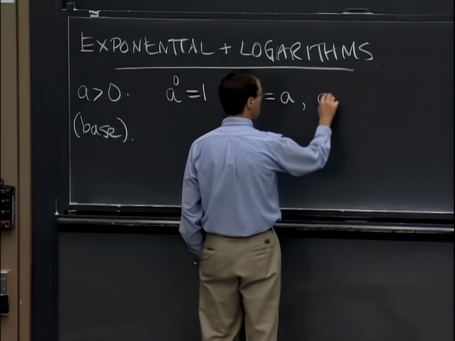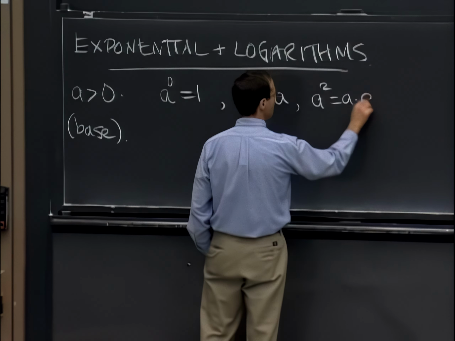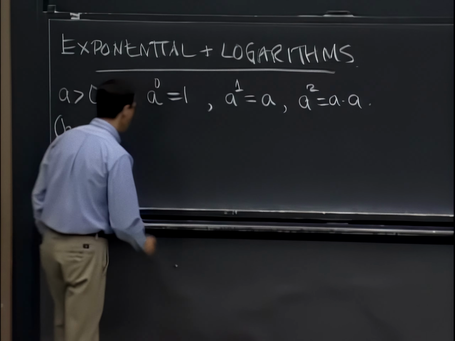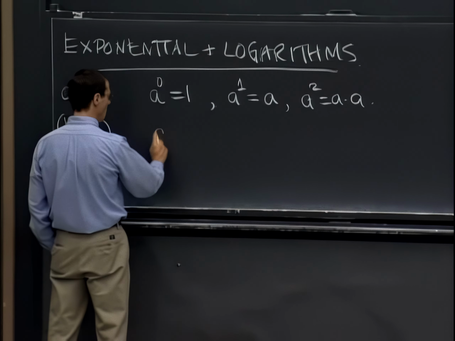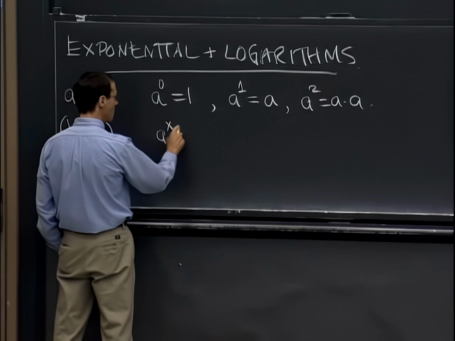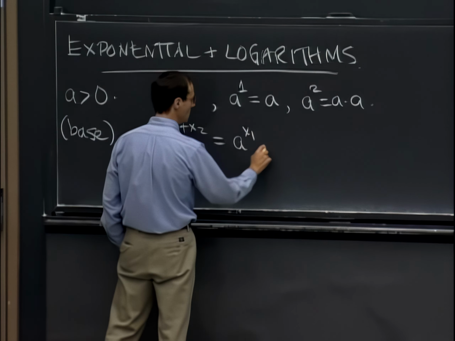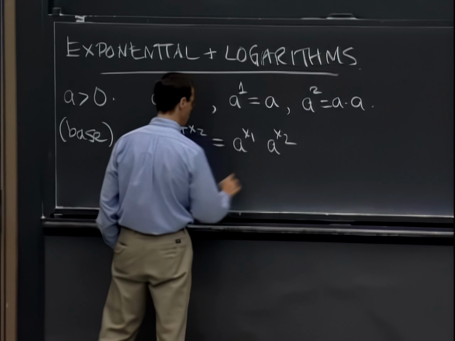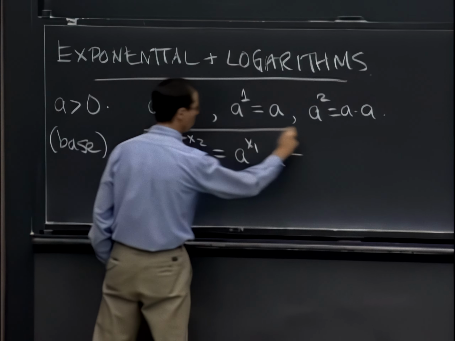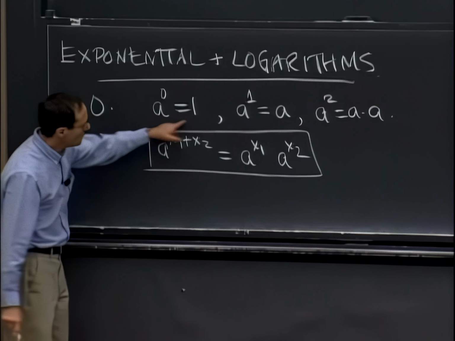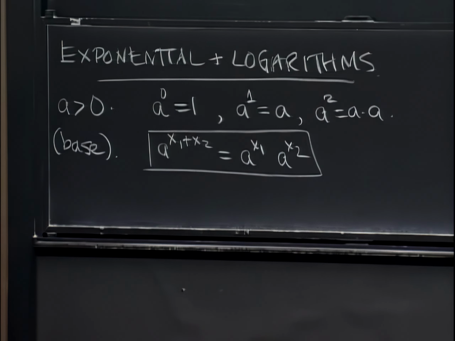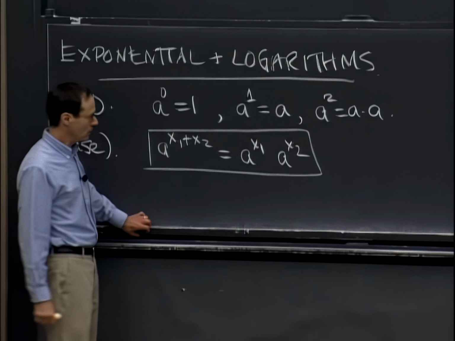And of course, a squared, not surprisingly, is a times a, etc. And the general rule is that a to the x1 plus x2 is a to the x1 times a to the x2. So this is the basic rule of exponents. And with these two initial properties, that defines the exponential function.